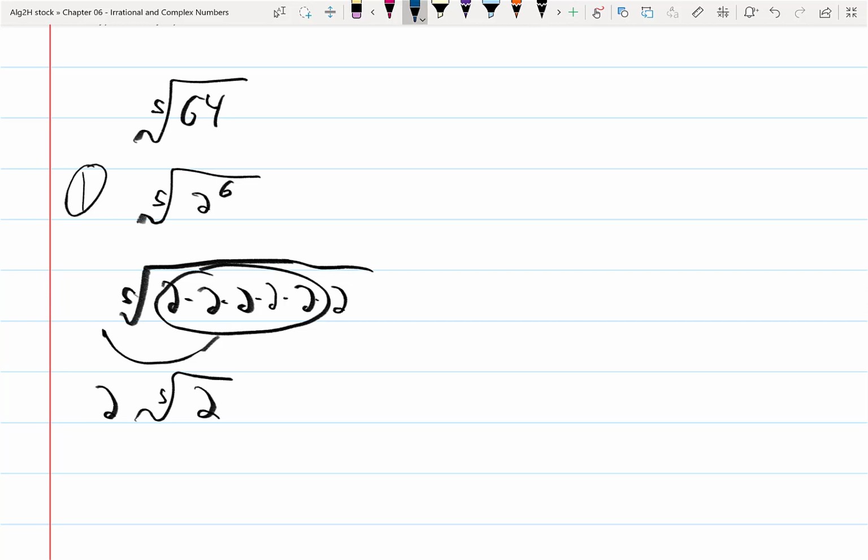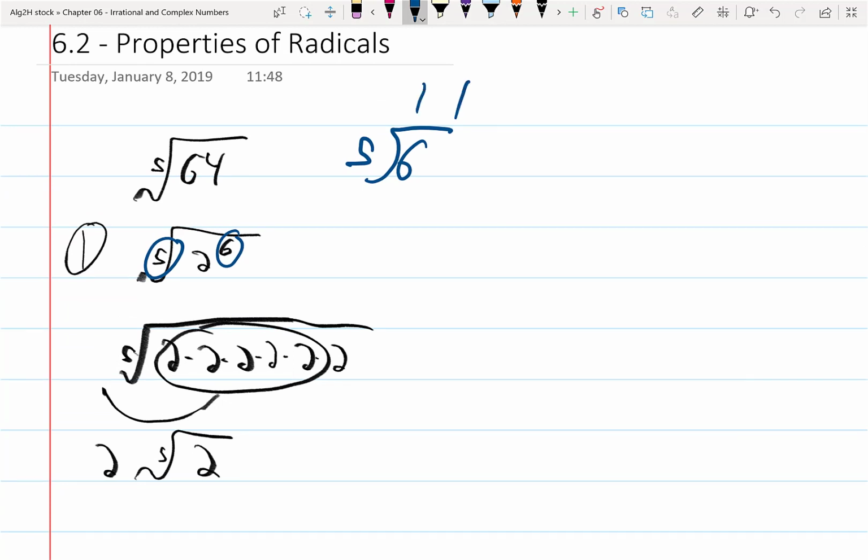And sort of an easy way to get at that is to look at this and divide. I know that 6 divided by 5 is 1 with a remainder of 1. So one whole group comes out with a remainder of 1 left behind.